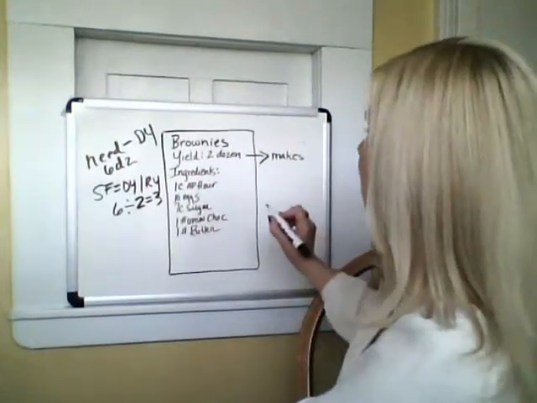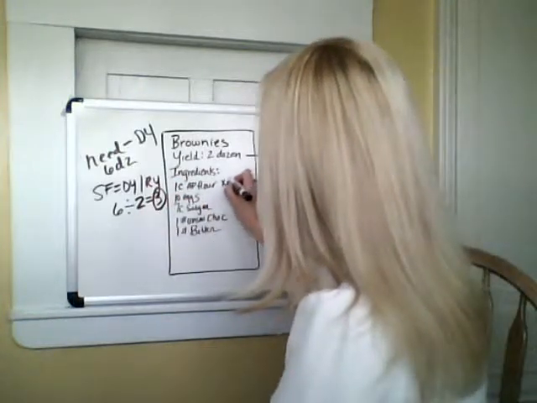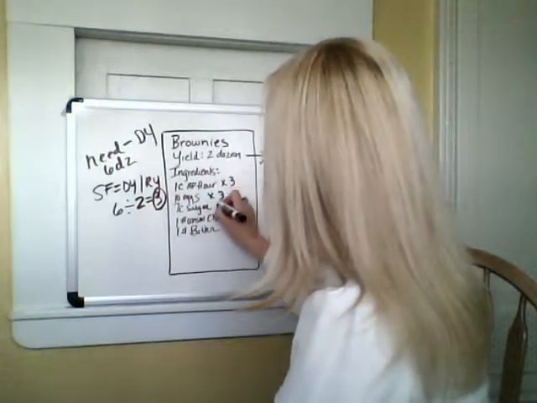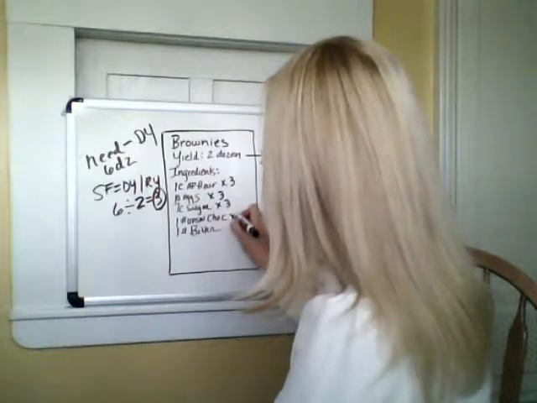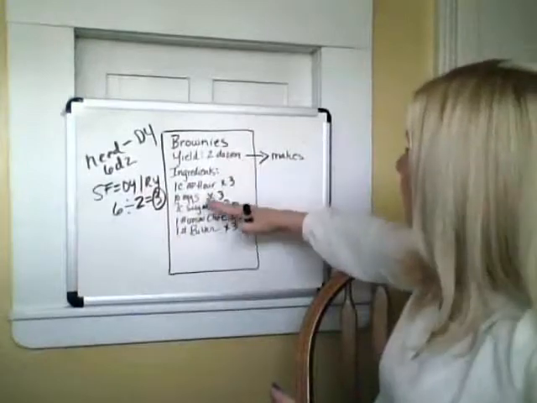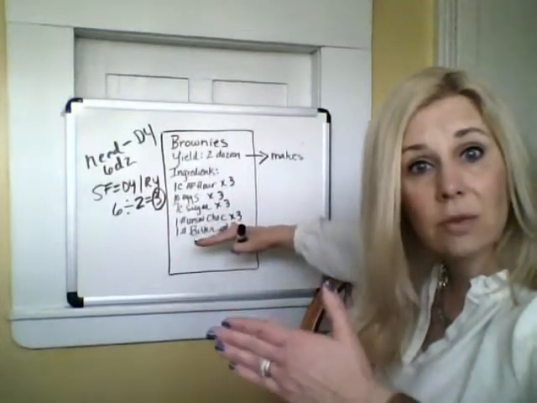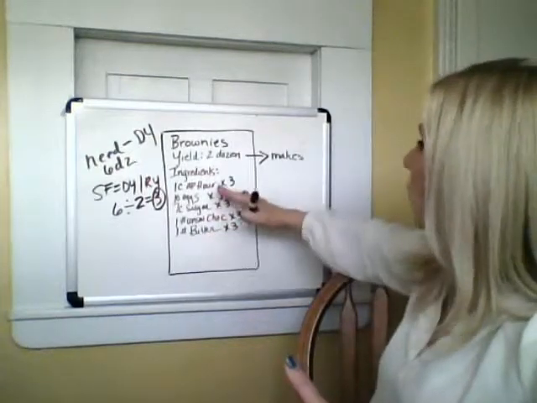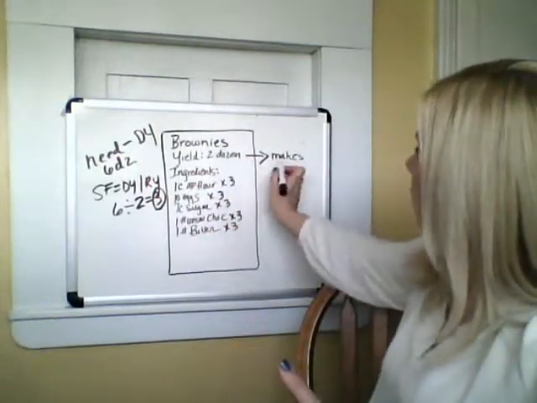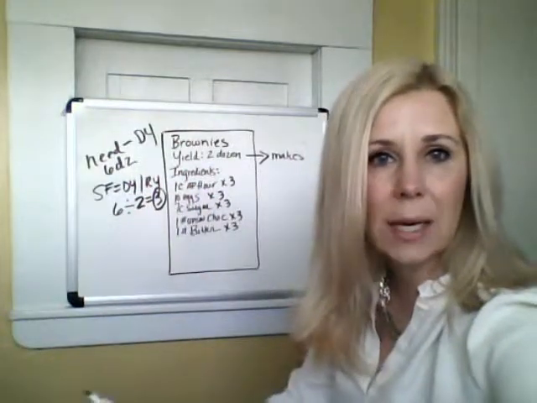That means that we are going to multiply everything in the recipe by 3. When we do that, all of these ingredients will be in good relationship with each other so that the larger recipe works out. And instead of the recipe making 2 dozen, we will get the 6 dozen that we need.